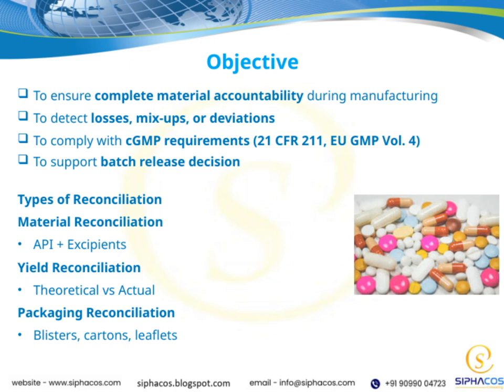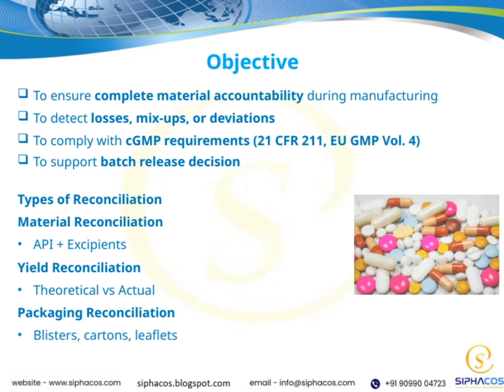Now, let's look at the different types of reconciliation we perform. First, material reconciliation involves tracking all raw materials like APIs and excipients to confirm everything was used correctly. Then there's yield reconciliation, where we compare the theoretical yield, what we expect, to the actual yield we obtain. This helps us identify inefficiencies or losses during production.